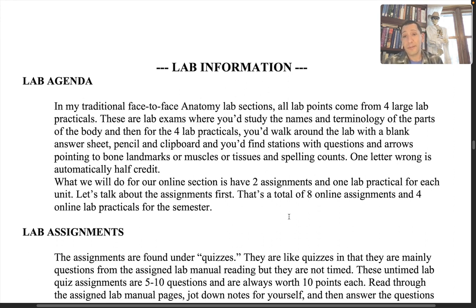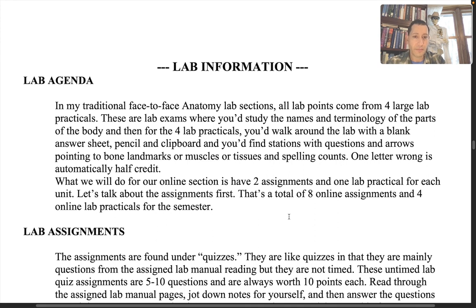Generally speaking, when you take traditional anatomy, for lab you're given between 100 and 200-300 terms for undergrad anatomy, and you commit them to memory. What's this? What's this? What's this? And then you're given a lab practical. You have to commit to memory, spelling counts. You guys know this.